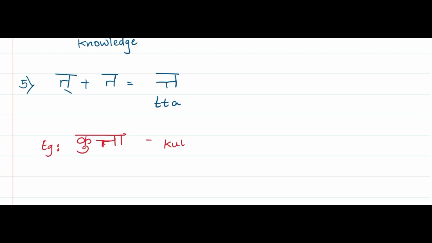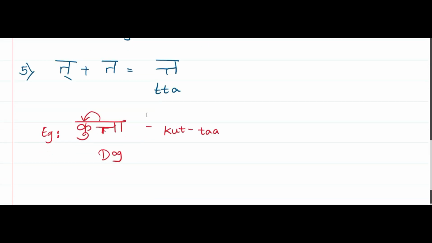So it's like kutta. The pronunciation of the half letter will go to the letter before, as we have learned. So it's kutta. Kutta means dog. It's just a unique way to write it. So all the conjunctions are nothing but a unique way to write it.